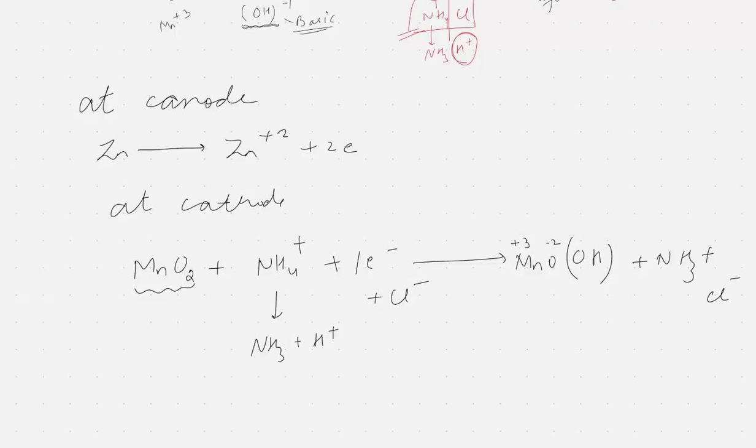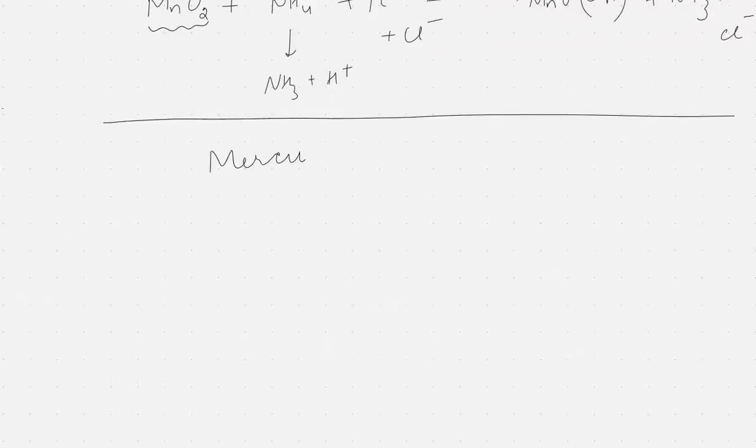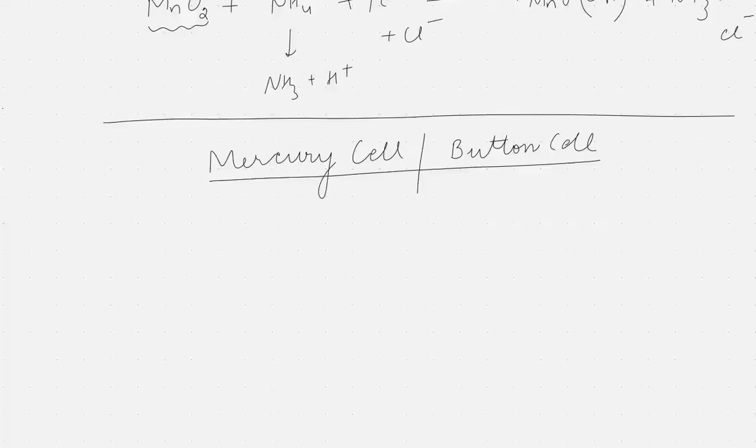Okay. Then what do we have? Then we have the mercury cell, which is also called the button cell. So what exactly do you know about the mercury cell, or the button cell? Just understand. It is a very small cell.